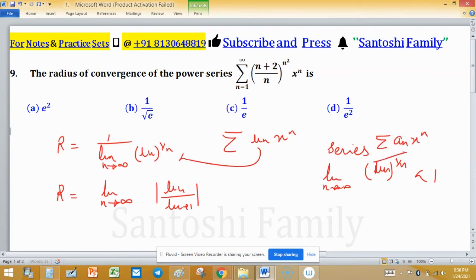Here u_n is a_n x raised to the power n, and we find the value of x, meaning we transpose the other terms of u_n to the other part of the inequality, and we get a relation either in x greater than or x less than, and from here we also get the same value. It means for which values of x this series is convergent or not.